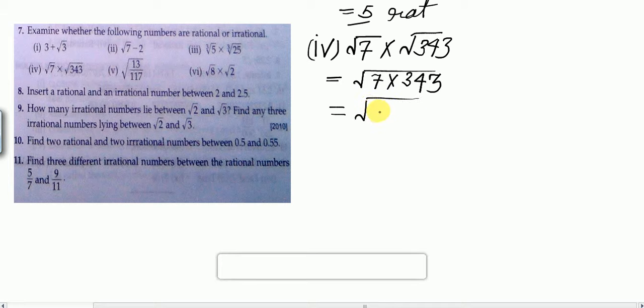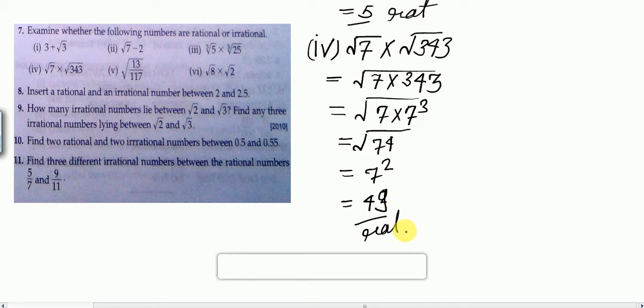So this can be written as 7 into 7 raised to the power 3, which is 7 raised to the power 4. After solving the under root we get 7 raised to the power 2, and 7 raised to the power 2 means 49, and 49 is rational.